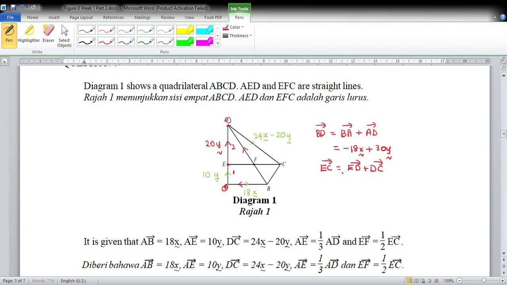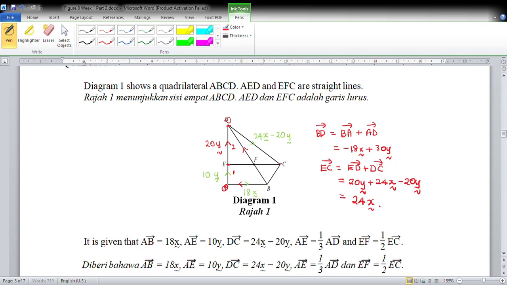So that way you will get EC. So what is ED? See in the diagram I have labeled it is 20y, right? And your DC is given in the question, that is 24x minus 20y. So if you notice, this 20y minus 20y, no more y, so your answer is 24x.